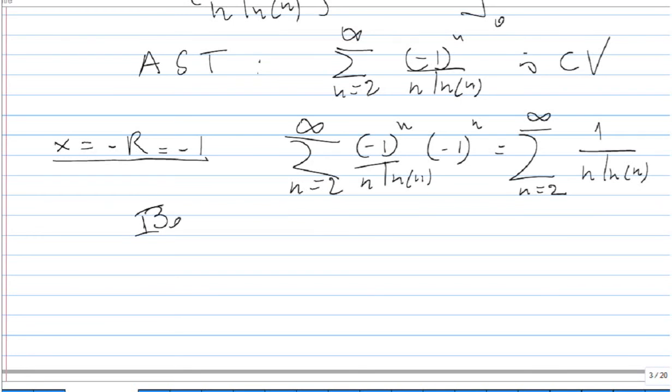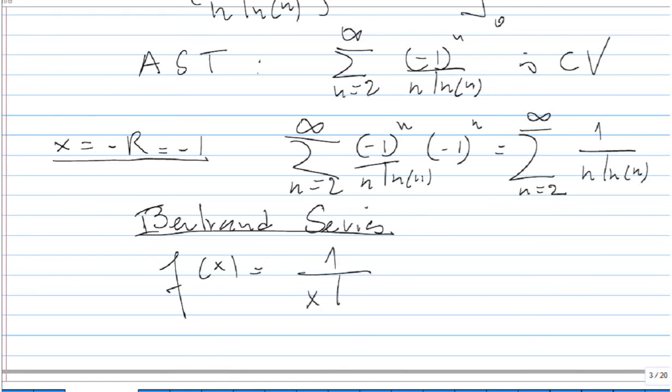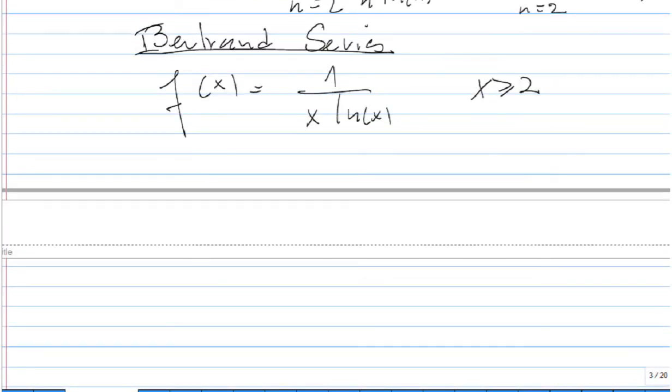We take f of x equals 1 over x natural log of x, for x greater than 2. We know that f of x is decreasing and positive. It is decreasing because x ln x is increasing, so when you take the inverse it becomes decreasing, but you can take the derivative as well. So we can use the integral test.